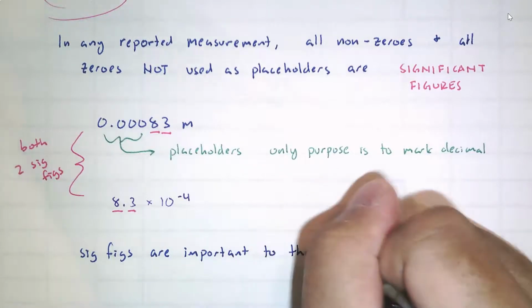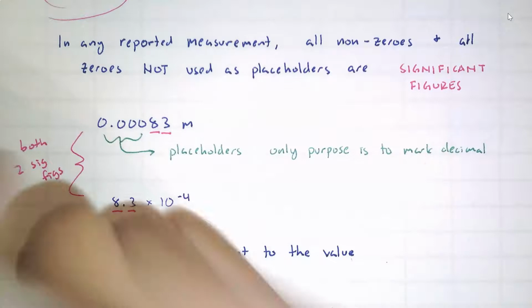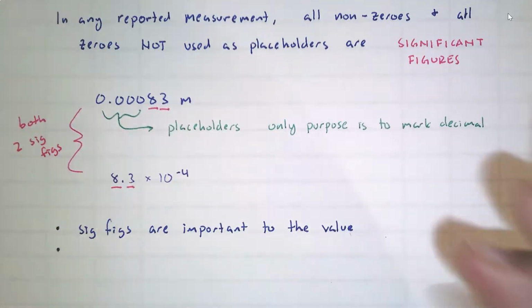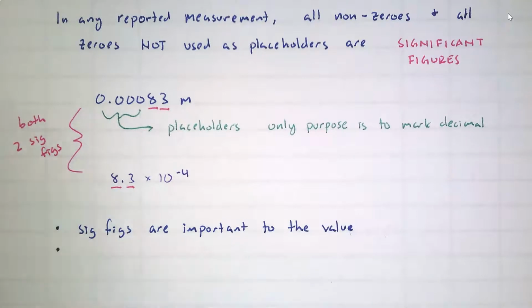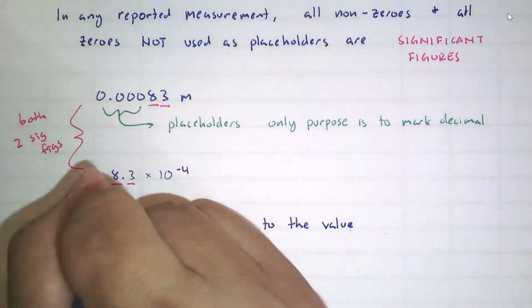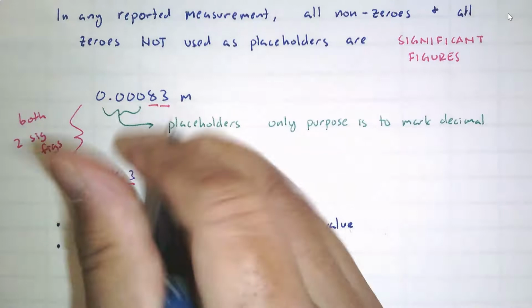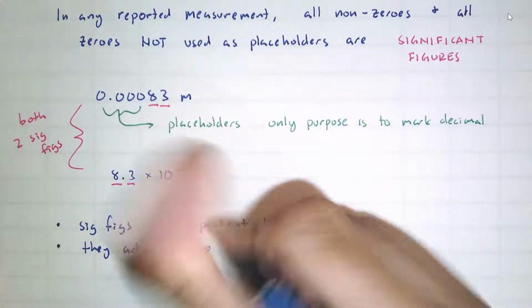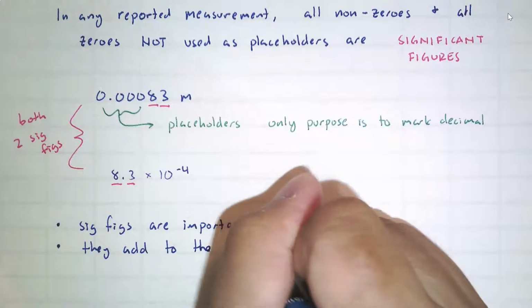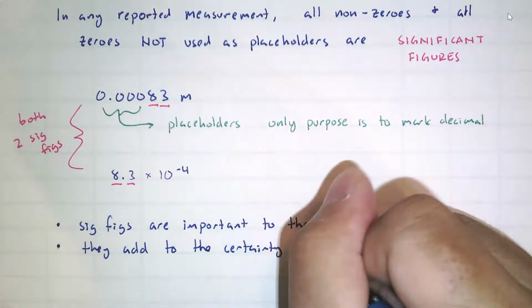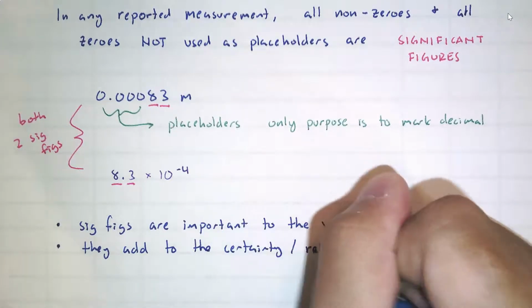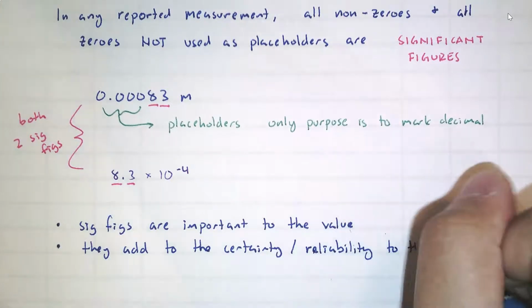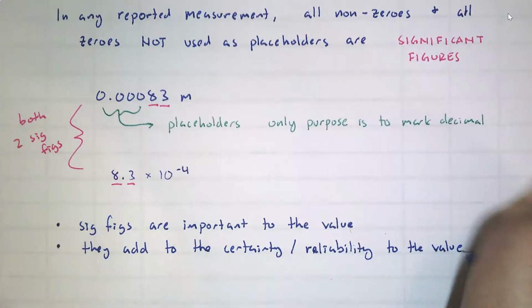The second bullet point is they add certainty and reliability to the value.